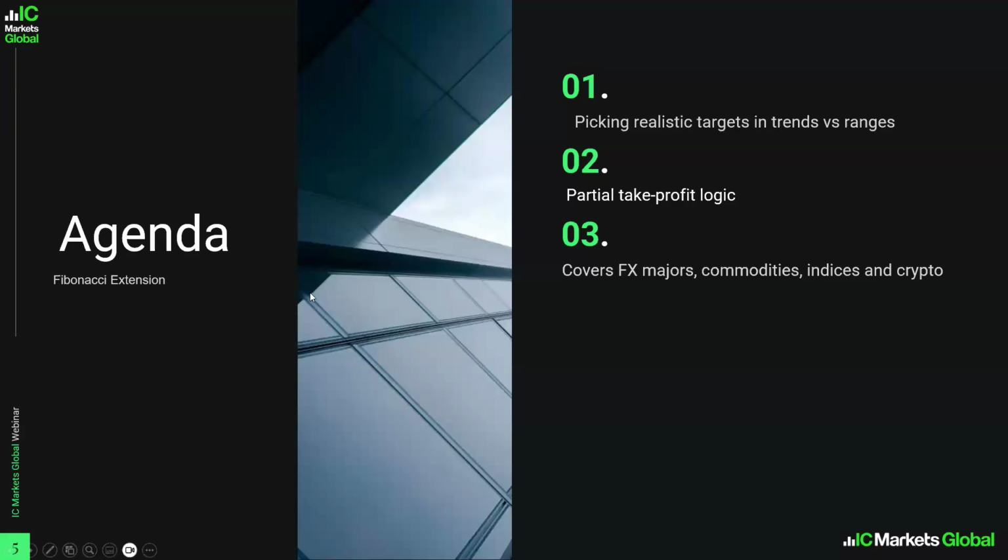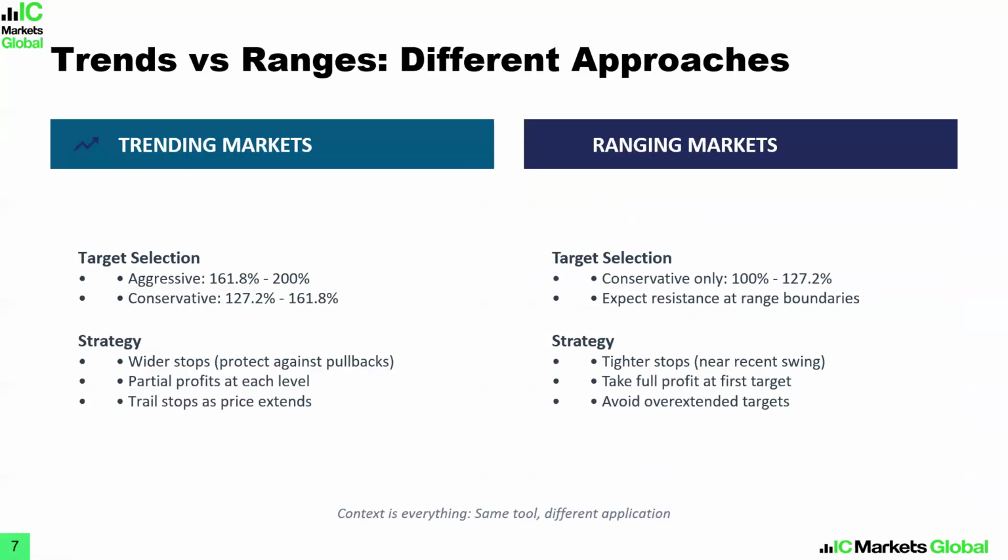So how are we going to use Fibonacci extension in trending versus ranging markets? What are the different approaches? On the screen, for the trending market, the aggressive target selection is 161.8 to 200%. For the conservative one, most traders usually use 127.20 and 161.8. The strategy is a wider stop, protecting against the pullback.